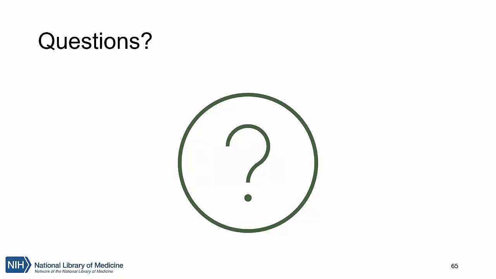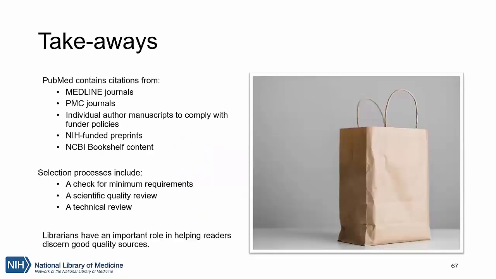Okay, great. To summarize what we would like you to take away from today, in addition to MEDLINE and PMC participating journals, PubMed also includes records for individual articles that are in PMC to comply with public access policies, as well as records for select content in the NCBI Bookshelf and preprints of NIH-funded research from the NIH preprint pilot.